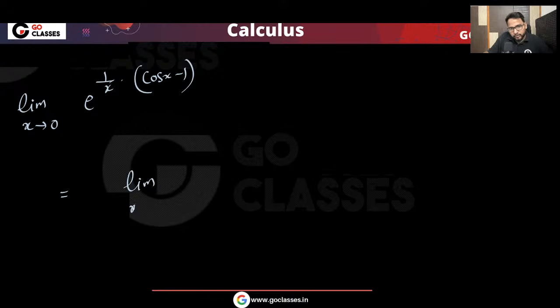Limit x tends to 0, and then this is e power (cos x minus 1) upon x. Okay, suppose you want to solve this. Now, see, don't worry about taking this limit inside, outside, these things don't matter. So basically you take this limit inside, which means you can write x tends to 0 here also, and you can write it here also.